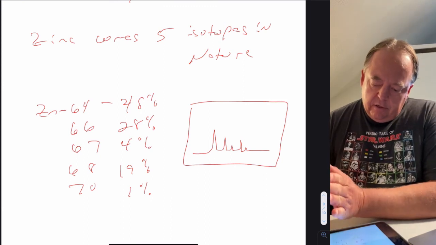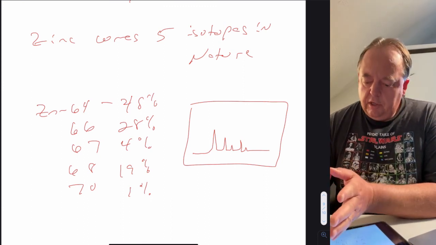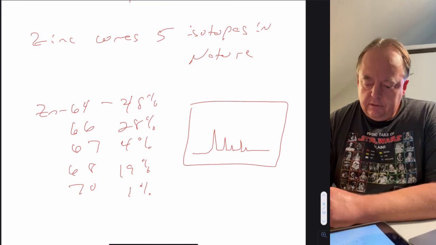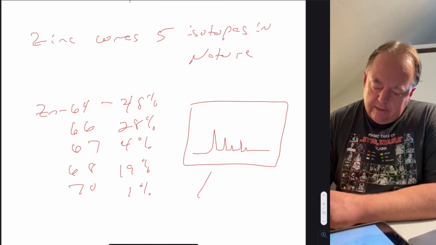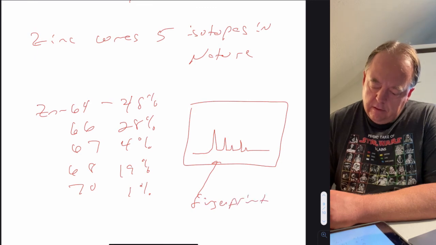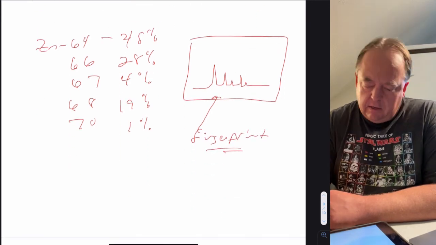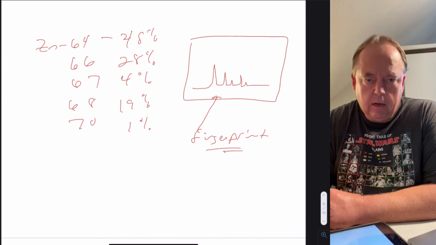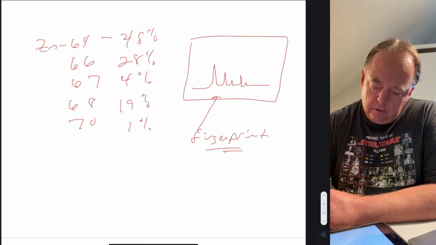So your molecule's peak would actually have 5 different possibilities in it. This is basically like a fingerprint. Mass spec can be a fingerprint for different elements that are in molecules based on what the isotope pattern looks like.